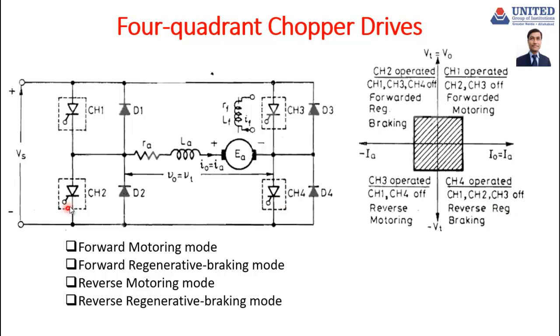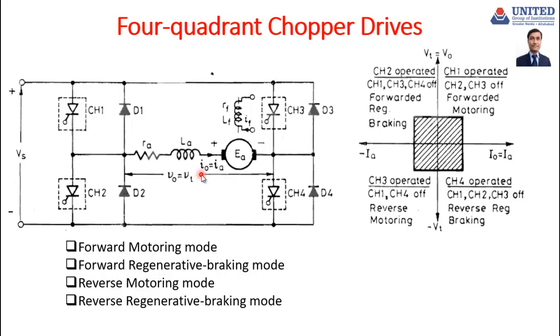Here we see that this is the circuit diagram of 4-quadrant chopper drives. It consists of 4 switches, CH1, CH2, CH3 and CH4, and 4 diodes D1, D2, D3 and D4, and a separately excited DC motor.